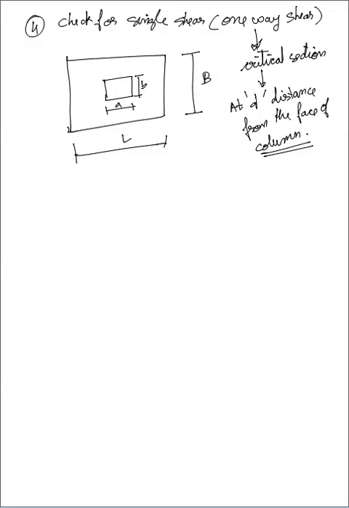What is small d? Small d is basically the effective depth. Here this is my face of the column.